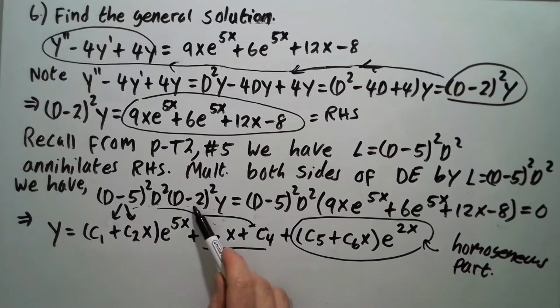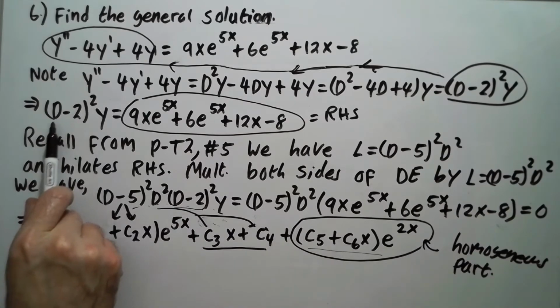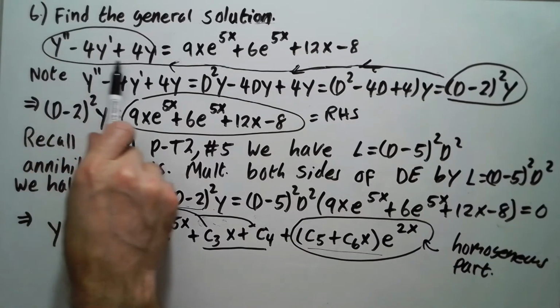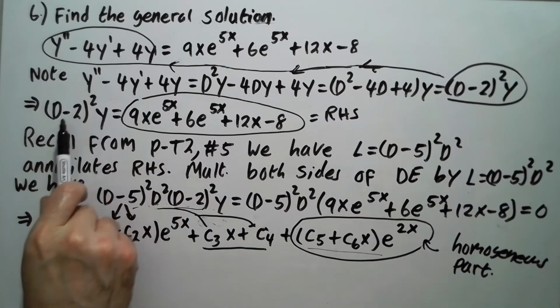And my D minus 2 squared would eliminate e to the 2x and x times e to the 2x. In general, it would eliminate, say, c5 plus c6x times e to the 2x. So this would be annihilated by D minus 2 squared. This part will be the homogeneous part, because when I simplified the left hand side of the differential equation, I got D minus 2 squared.